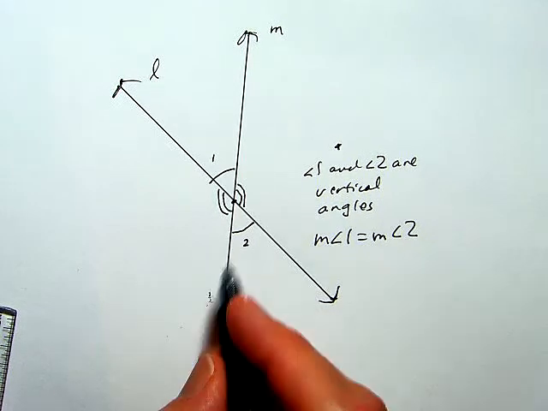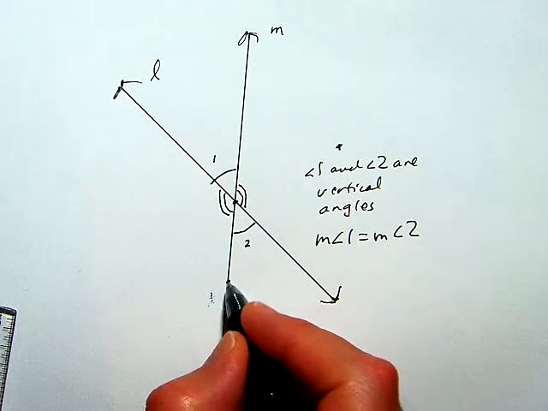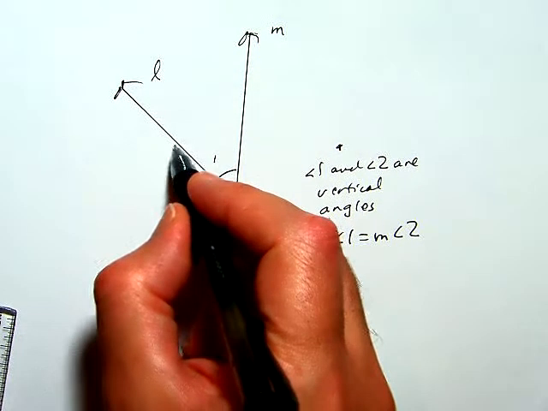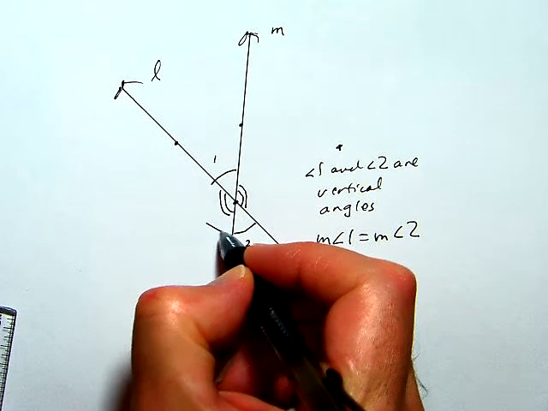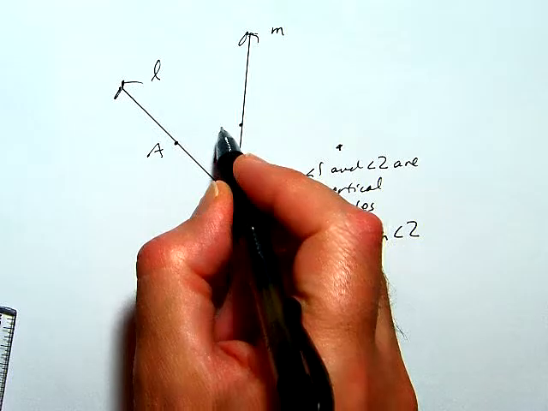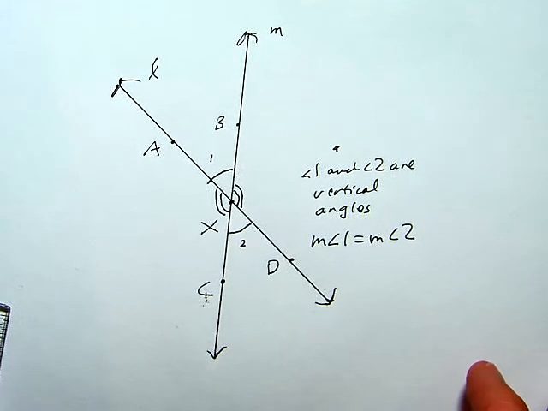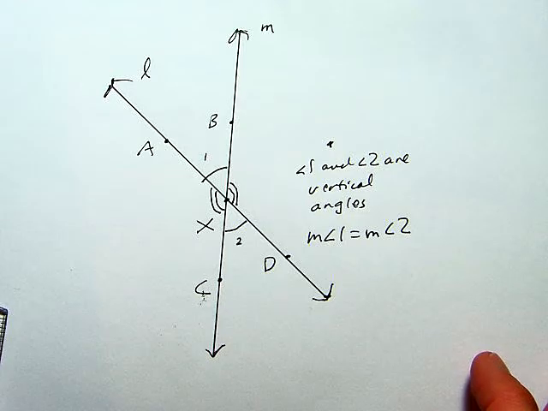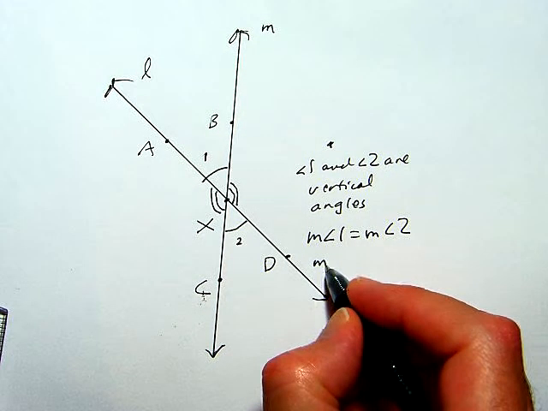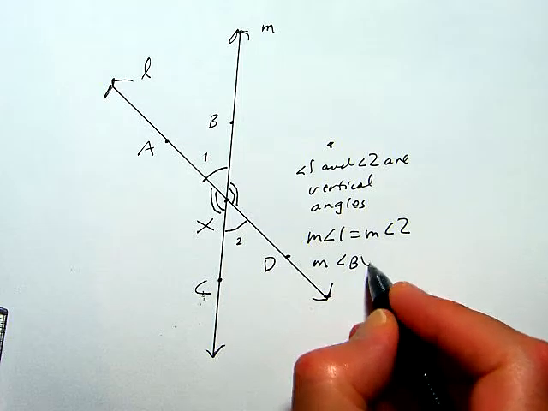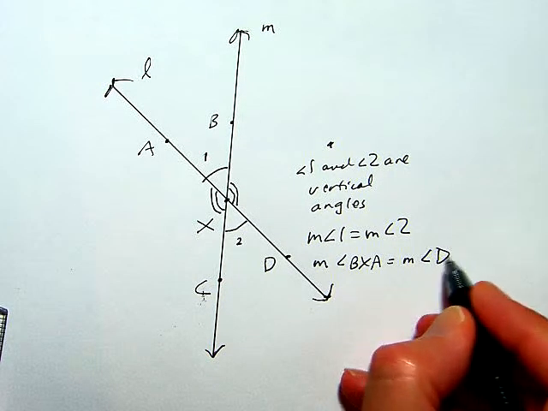So let me put some letters on these angles so that if it's not immediately clear, it will become clear. Let's call the center point X, and then let's label these points A, B, C, and D. So the first pair of vertical angles, angle 1 and angle 2, was the same thing as saying that the measure of angle BXA equals the measure of angle DXC.